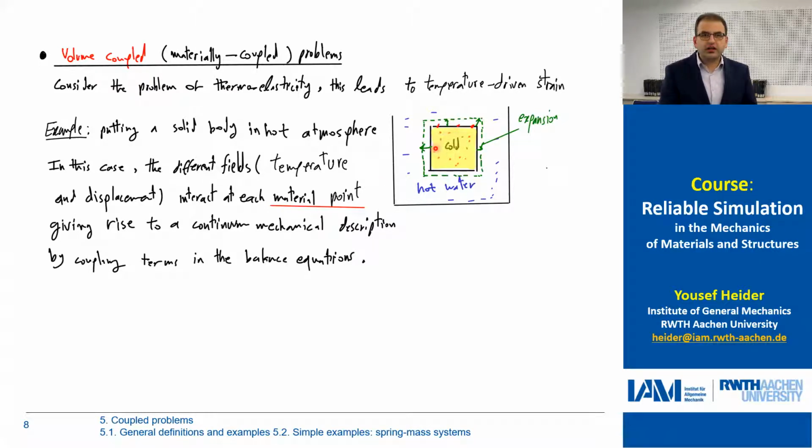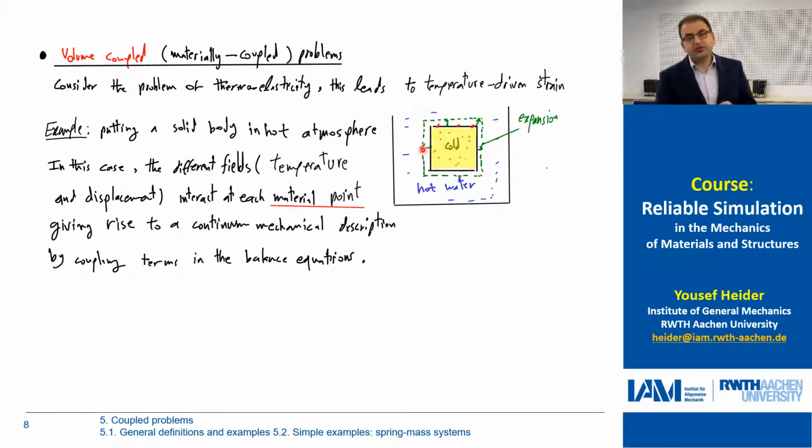So if we take a solid body, which might be cold, and put it in hot water, of course, at the interface you have a distinct interface. So if you take this as a fluid solid interaction, it will be surface coupled. But if you observe the increase of temperature of the cold body and then the expansion due to the increase of the temperature, this is volume coupled, because the temperature will change not only on the surface, but also inside the solid body itself.